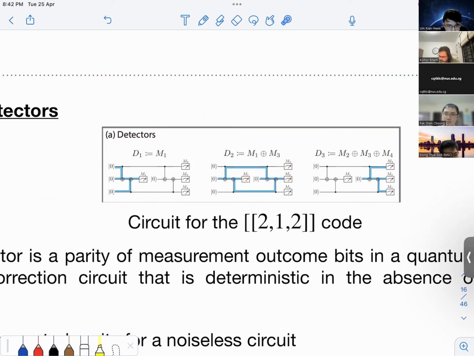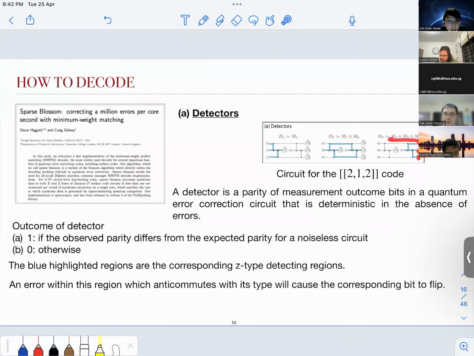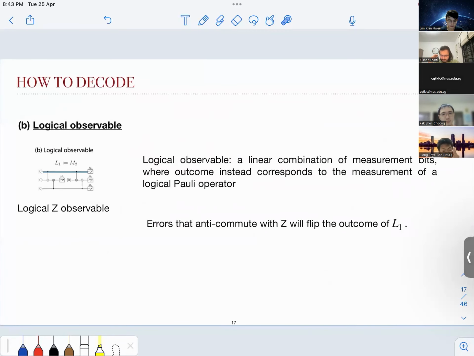Detector 3 is concerned with the region corresponding to M2, M3, and M4. So it's just a parity of certain measurement outcomes. It's 1 if the observed parity differs from the expected parity for a noiseless circuit, and it's 0 otherwise. Any error within the circuit which anti-commutes with its type will cause the corresponding bit to flip. If that happens, we call it a detection event.